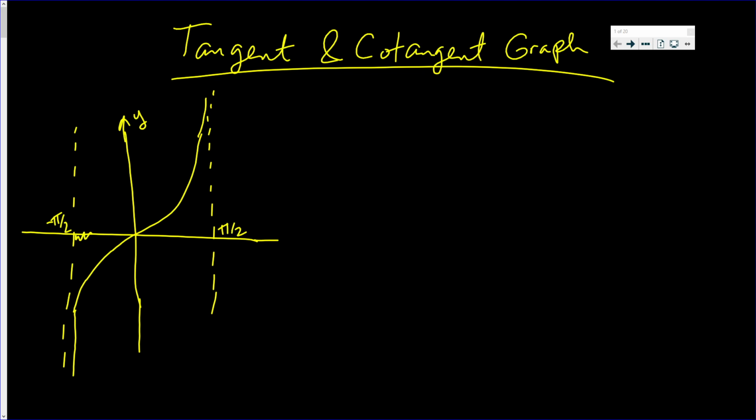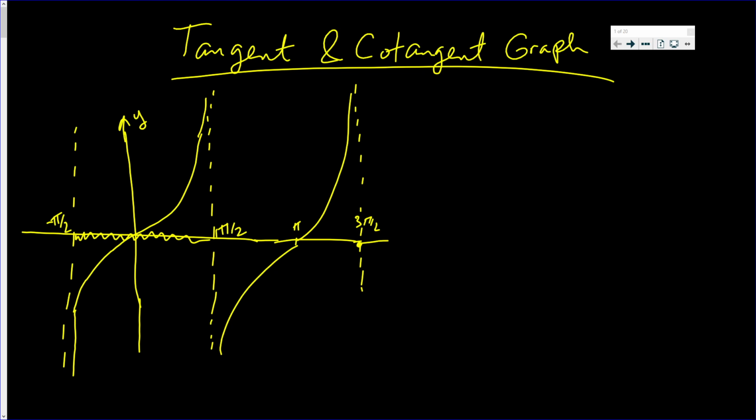Now, this whole distance is pi. So we're at a half pi, we go another half pi, and then another half pi. The next period is going to end here, and it's going to go like this.